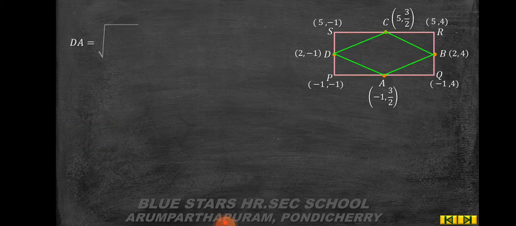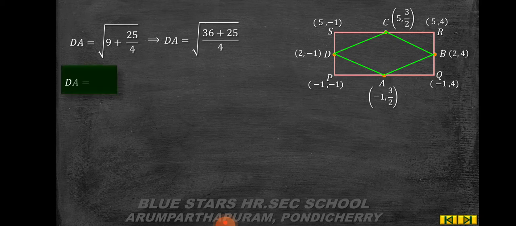Again you get DA is equal to 9 plus 25 by 4. So 36 plus 25 by 4. Therefore DA is equal to root 61 by 2.